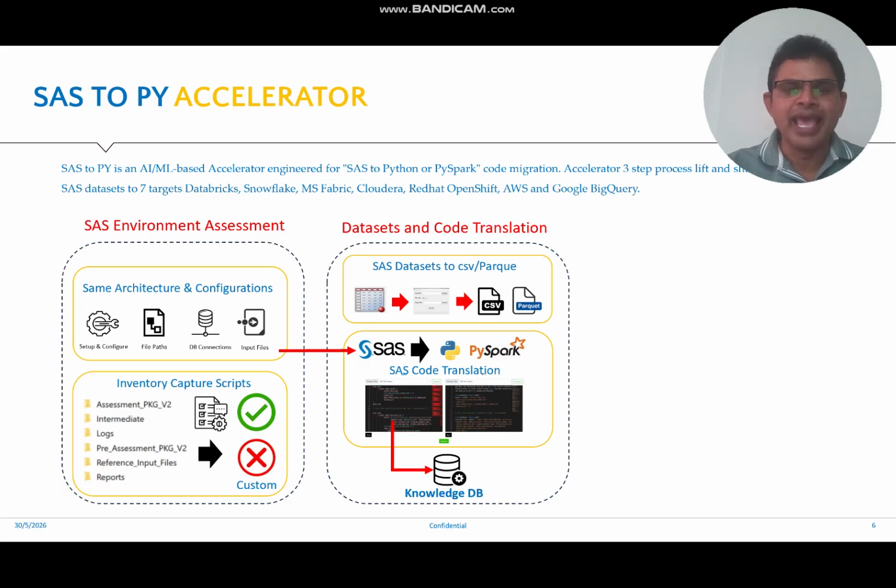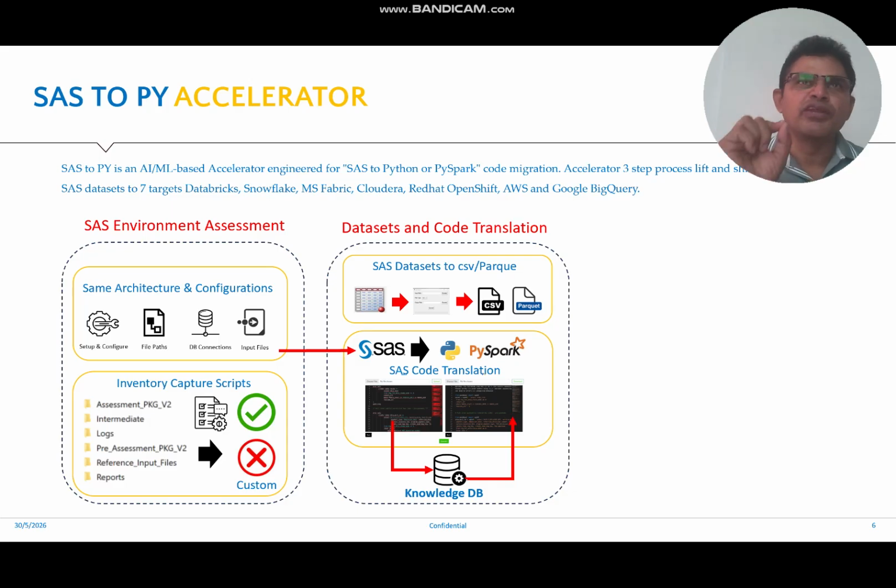That means any person, any industry, any business logic, any version of SAS he or she coded, we have a mapping into Python or PySpark. That means we never fail in any pattern that they have coded. Whereas other tools, even if they do 10 migrations, the 11th migration will fail. Whereas we never fail in any context.